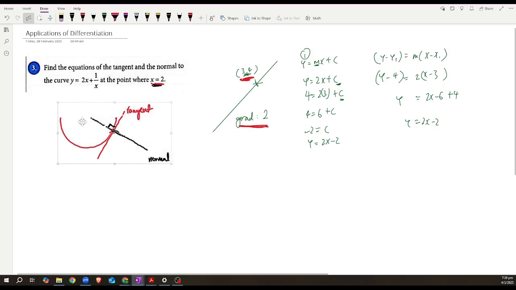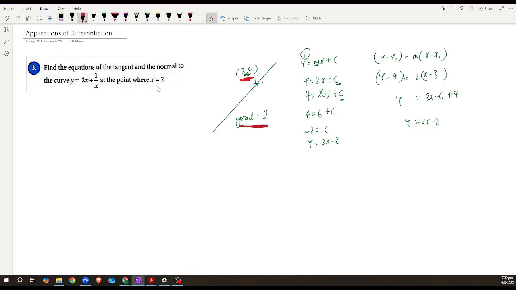To find the tangent of the curve at the point where x equals 2, we first find the gradient. Remember, we can differentiate the curve, because when you differentiate the curve, you get the equation of the gradient. So dy/dx is 2 minus x to the power of -2, which is 2 minus 1 over x squared.